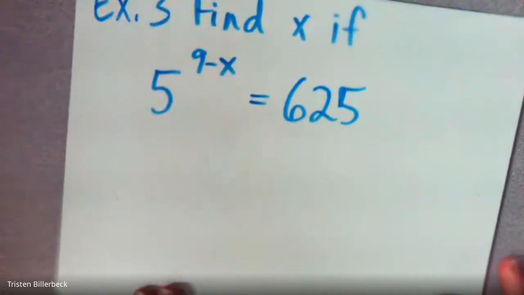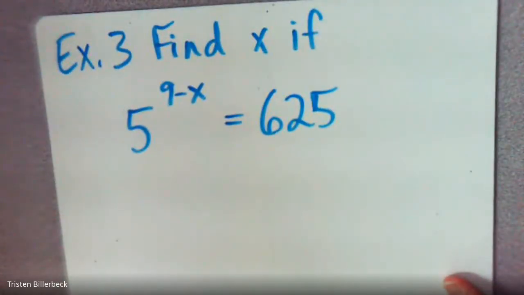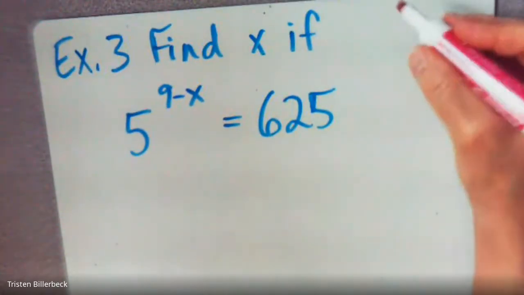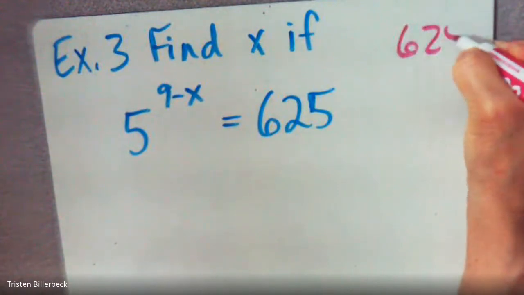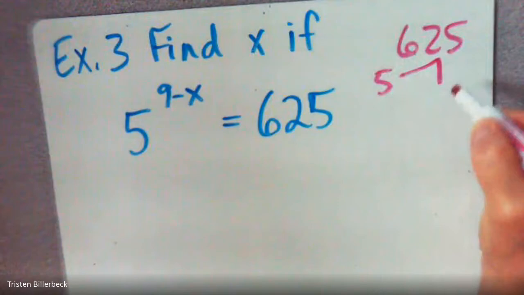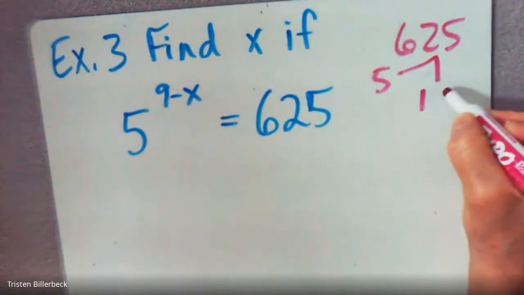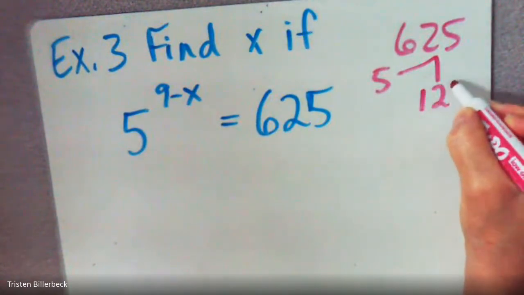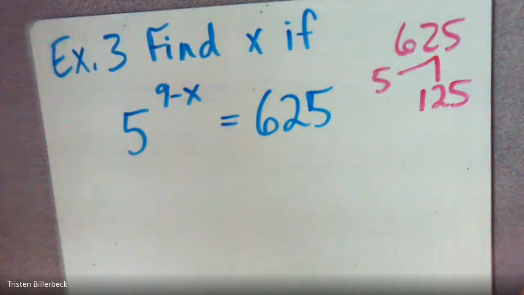Let's try the next one. So we have this one. So we need to break this 625 down, so let's do it. So we take that, we know it ends in 5, so it's divisible by 5. So we have 125.